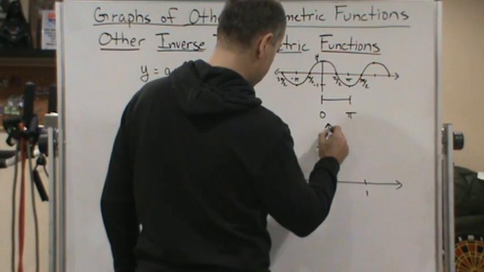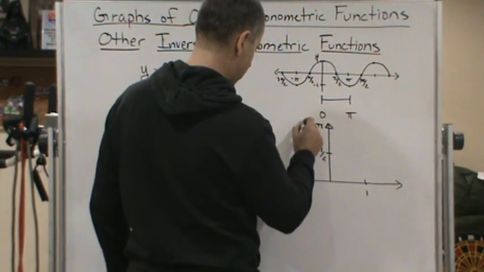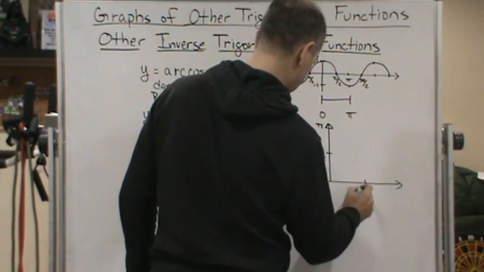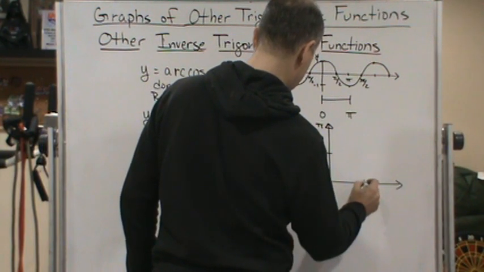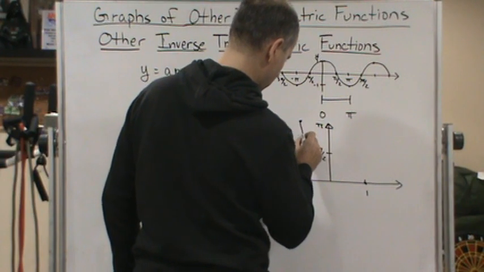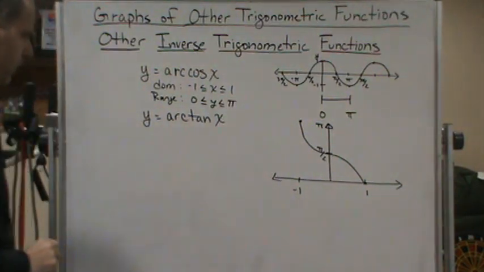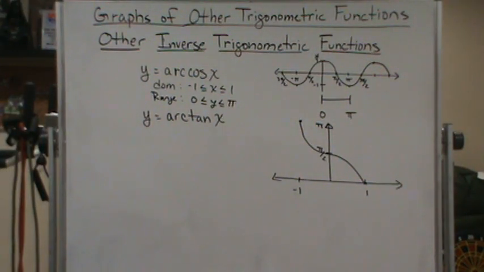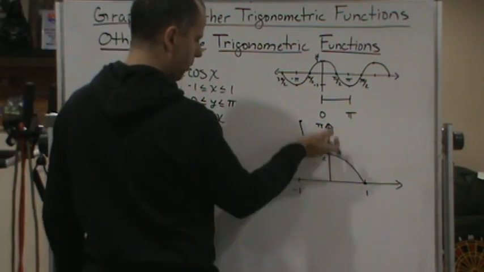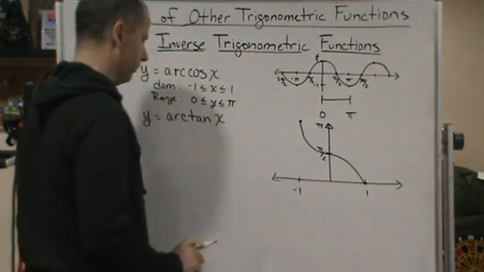Let's say this is pi. Like that. That's better. Because it doesn't go below the x-axis. Not like arc sine did. Okay, so the range is from 0 to pi, and the domain is from -1 to 1.